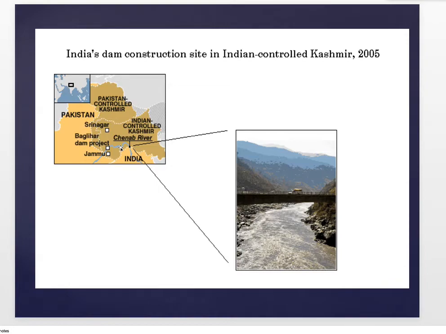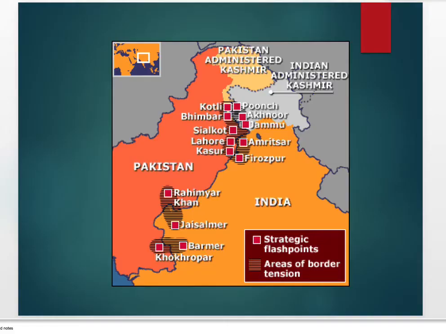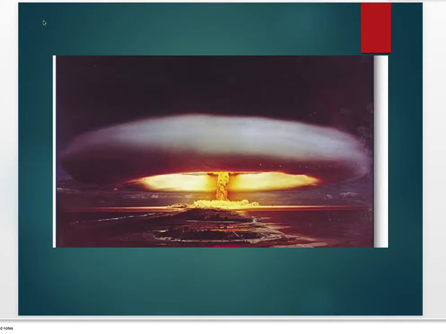Now, as you can see here, with the creation of Pakistan separating from Hindu-dominated India in 1947, at the very time that India gets its independence, you end up with two countries who are clearly antagonistic towards each other. Now, the reason why this is an important issue that you need to know is because this isn't an ordinary problem.